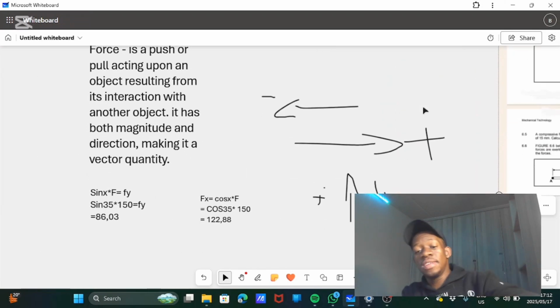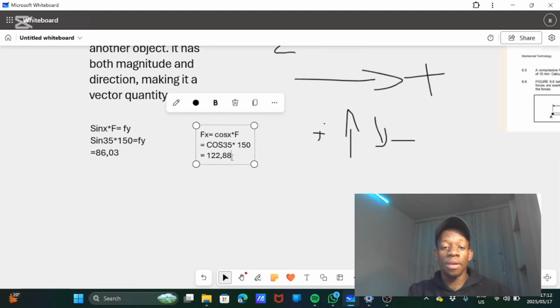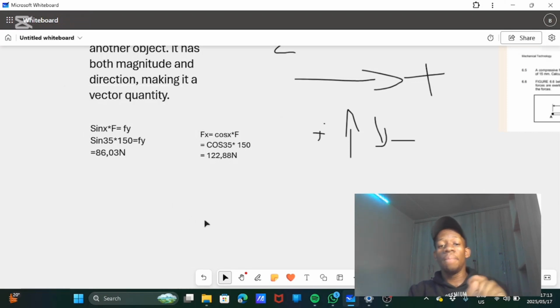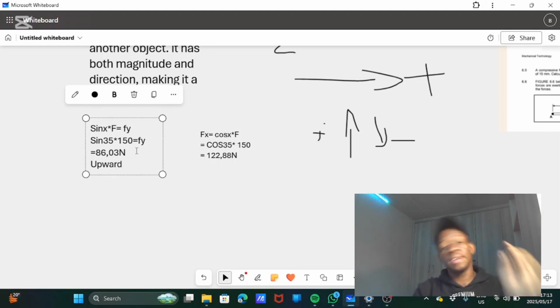We said we're going to take upward as positive and downward as negative, right as positive and left as negative. So here, this one is going up, which is upward. That's the direction.